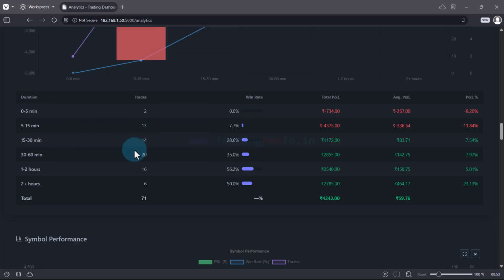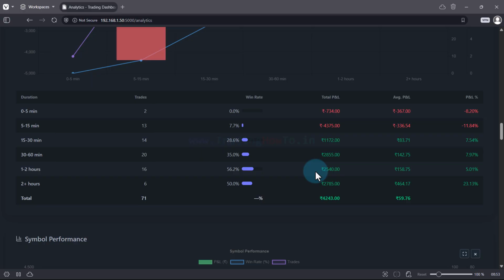When the duration of the trade increases, I started making profit. There is a reason for that: if I'm in a trade for a longer duration, it means that whatever strategy I'm applying is working. And when I'm in a trade for a longer duration and the market comes my way, I start trailing my P&L, and because of that the loss will reduce.